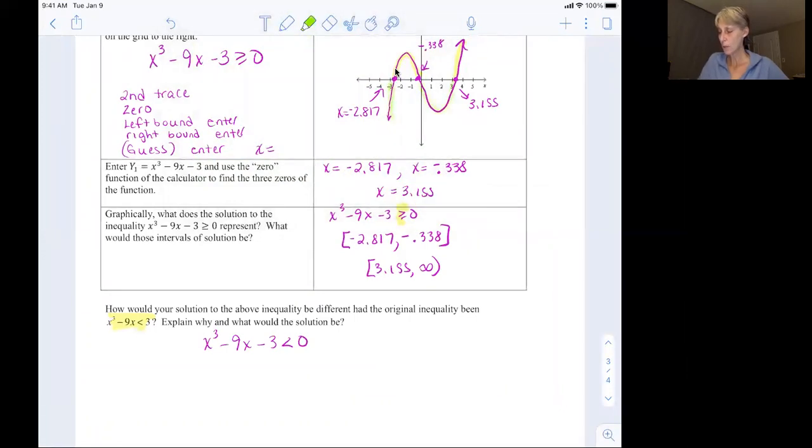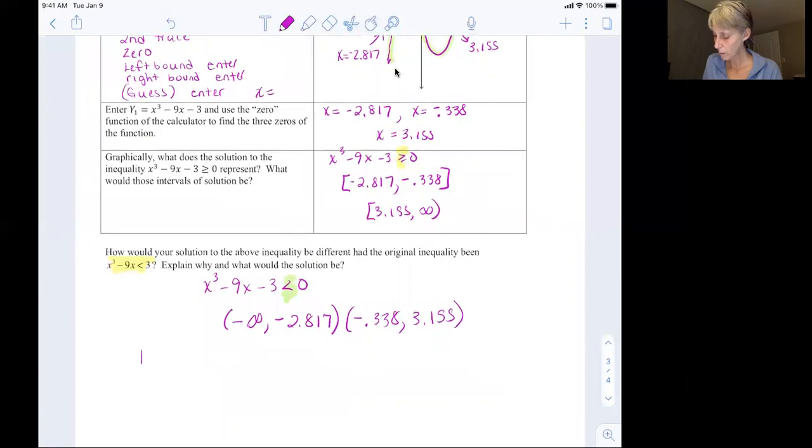And we have to be real careful because we're not including the endpoints. So our solution set would be negative infinity to negative 2.817, not included, and negative 0.338 to 3.155, again, not included. Okay, so we'll make a note of that.